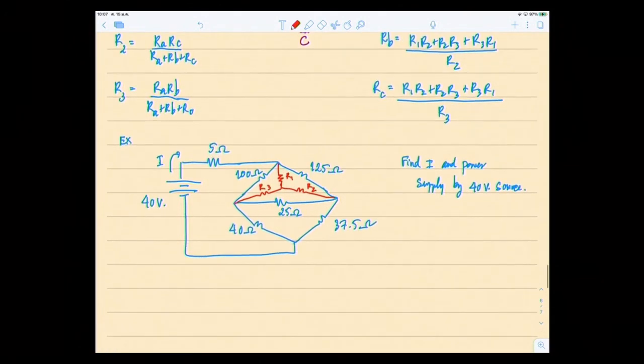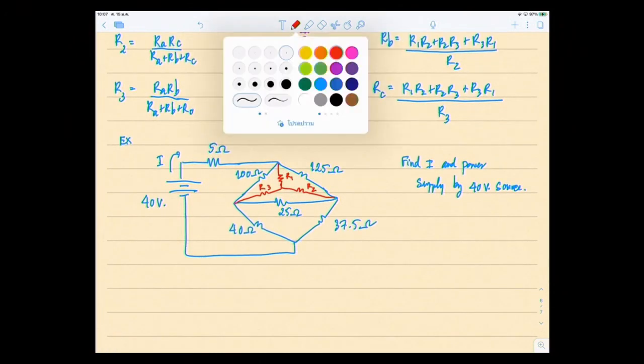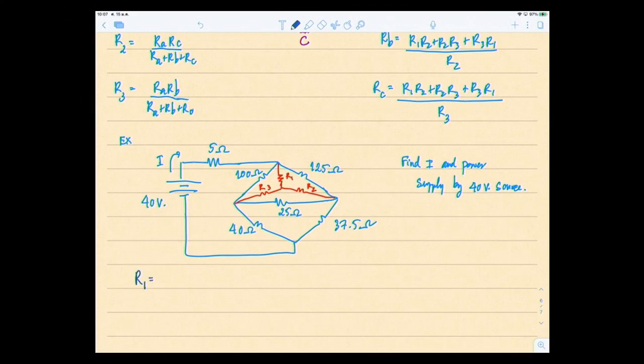So delta to Y is right here. Therefore R1, where's R1? R1 is here, connected to the 100 and 125. So it's 100 multiplied by 125 divided by the sum of the resistors in that delta, so 100 plus 125 plus 25, and the answer is 50 ohms. R2, where's R2?